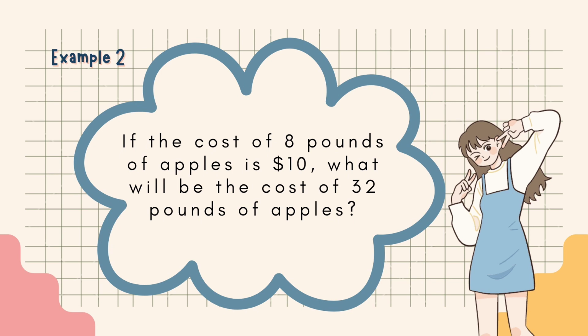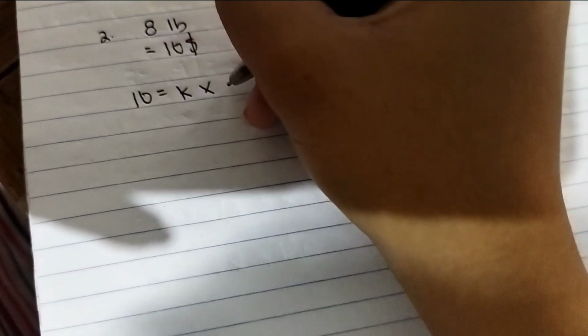If the cost of 8 pounds of apples is $10, what will be the cost of 32 pounds of apples? So for example number 2, it is given that the weight of apples is 8 pounds. The cost of 8 pounds of apples is $10. Let us consider the weight by x parameter and cost by y parameter. To find the cost of 32 pounds of apples, we will use the direct proportion formula. 10 is equal to k times x, k times 8.